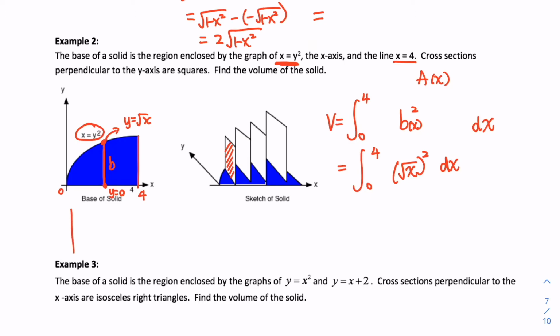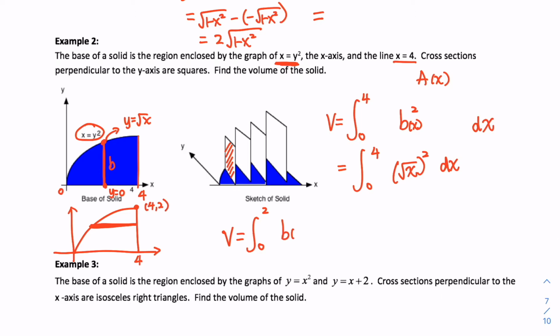Same problem if we integrate this along the y direction, if our cross-section is perpendicular to the y-axis. In this case, the volume will be the integration of y from 0 to 2, since when x equals 4, y equals 2.